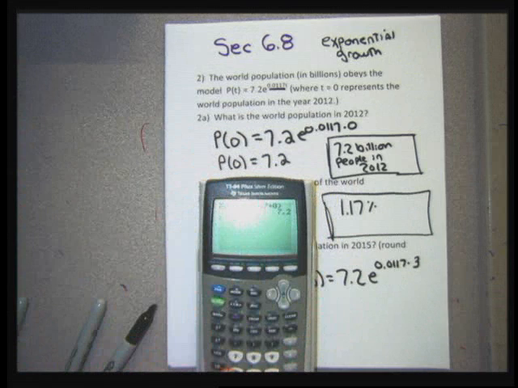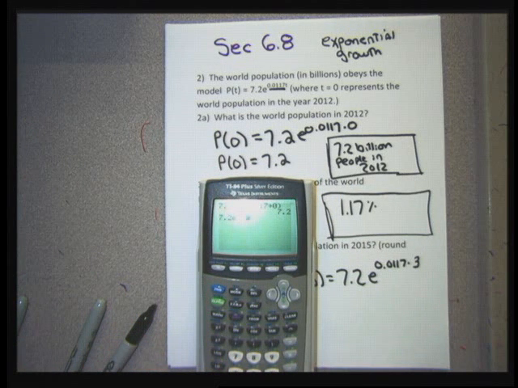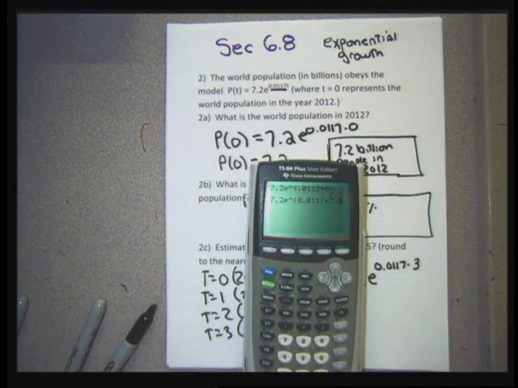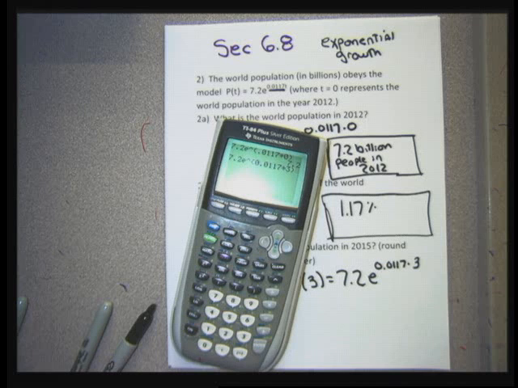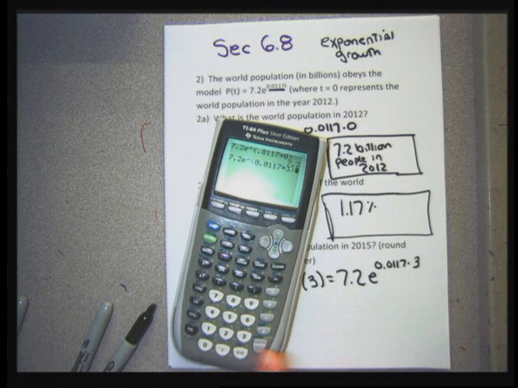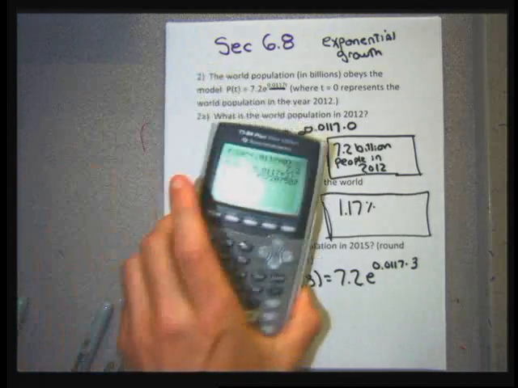So I'm going to go 7.2 second ln 0.0117 times 3. Close out my parentheses. Again, I don't know how well you can or can't see that because of the horrible glare that we get here. But I just typed that in on my calculator, and it says round to the nearest whole number.